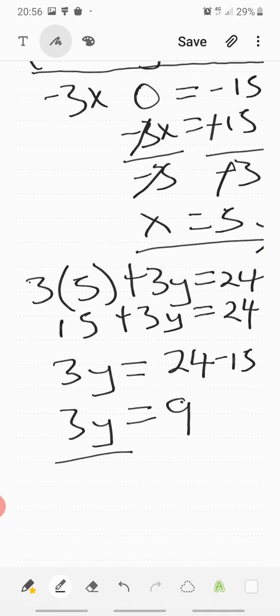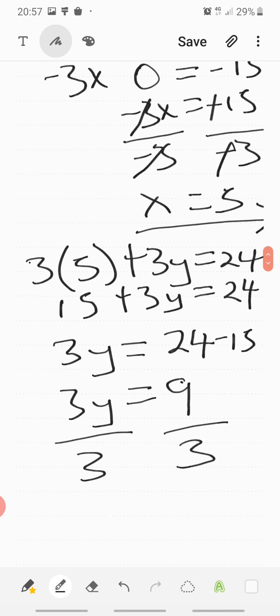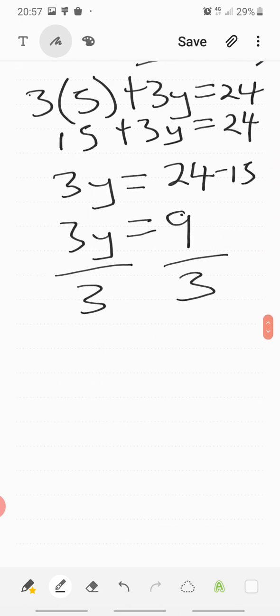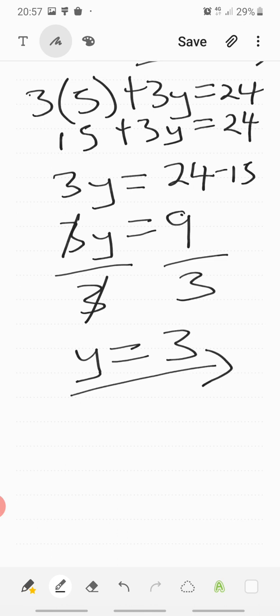Then divide both sides by 3 to be left with the y on one side. Then this cancels each other. Then y is equal to 3. There we go.